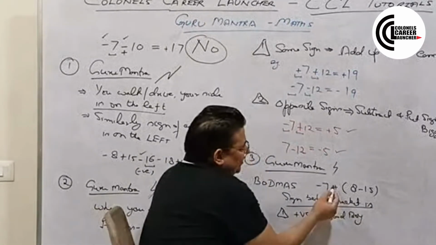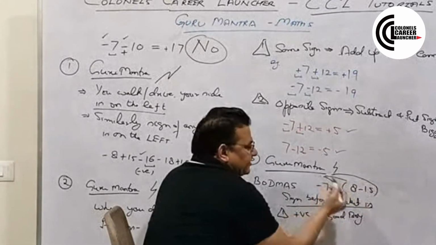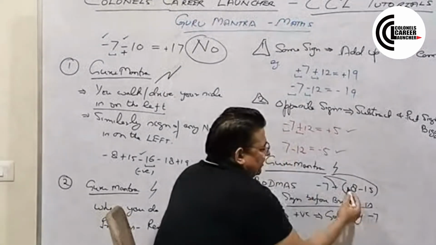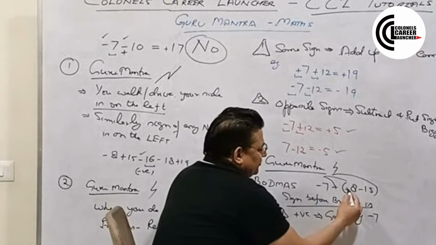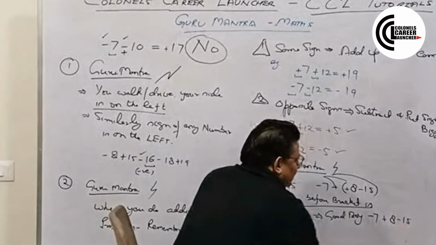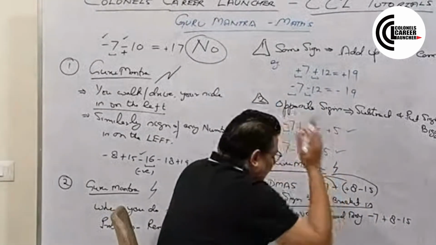He will simply pick up himself and his bag and other things and move out. So it will go leaving the numbers with their signs. Let's say 8 is without a sign, so it is obviously a positive sign. So plus 8 and minus 15. And now I solve it as per this. First solve these two and then the remaining.